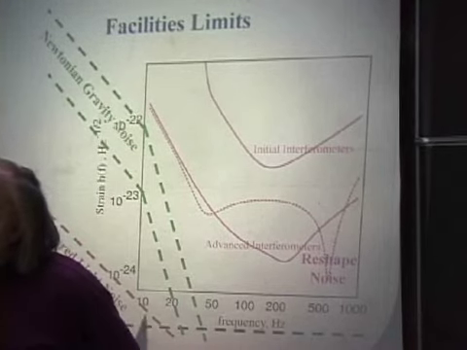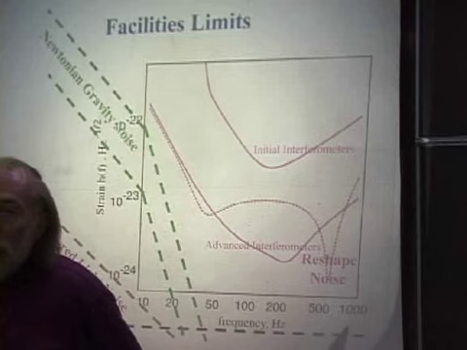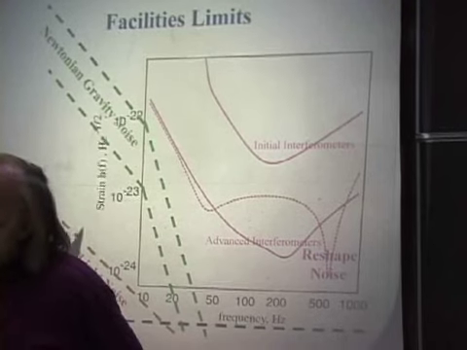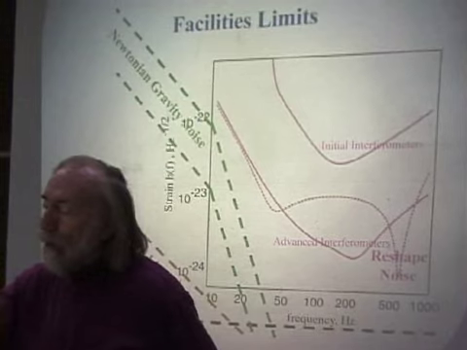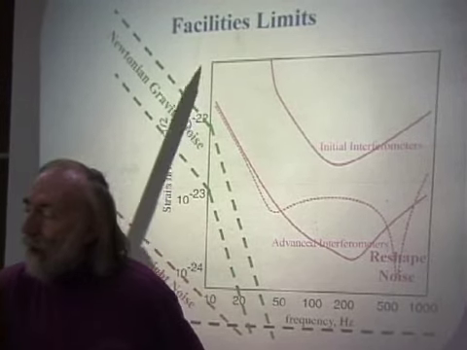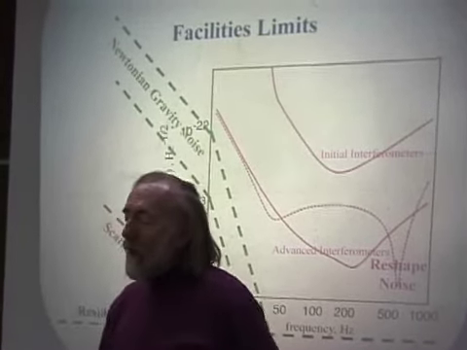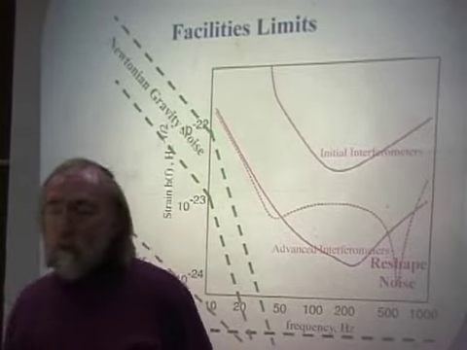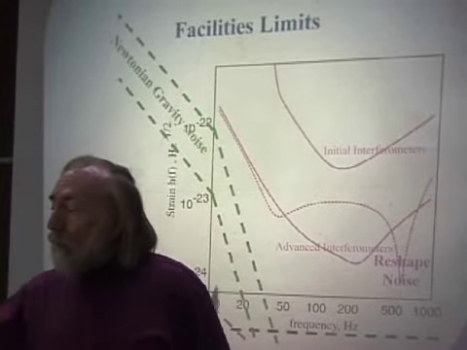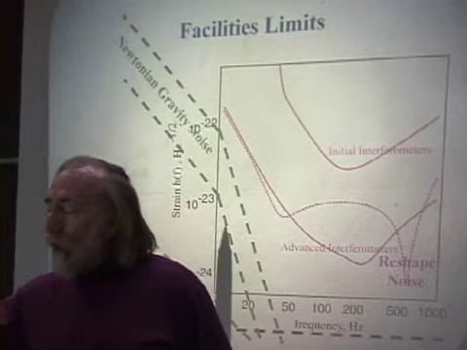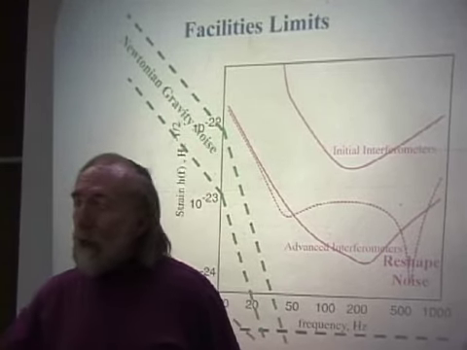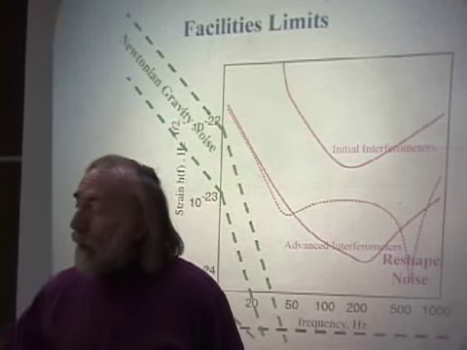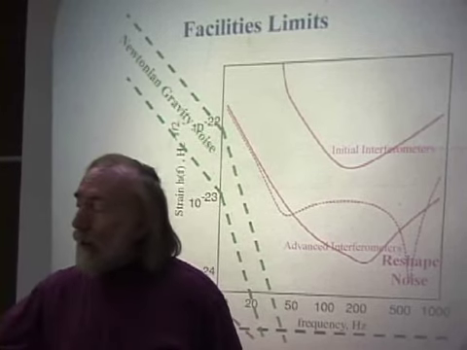We're plotting frequency running from 10 hertz to 1,000 hertz, and the square root of the spectral density of h running from 10 to the minus 24 to 10 to the minus 21 per root hertz. But because we imagine in the future pushing below 10 hertz, I'm showing these facility limits going off to the left. I'm going to talk about three different facility limits.